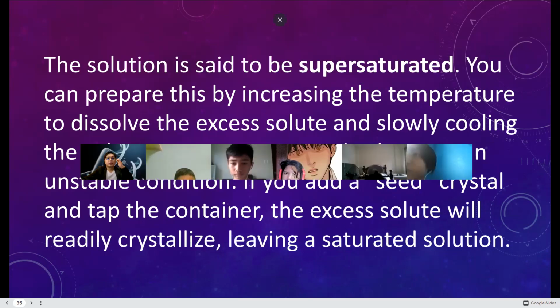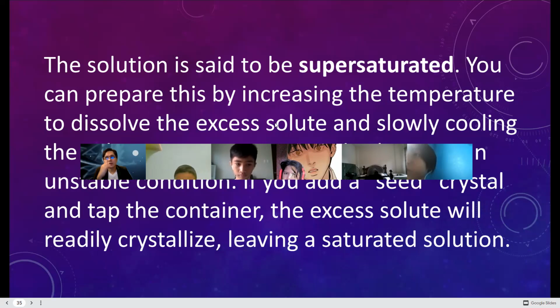Again, when you're talking about a saturated solution, you tend to occupy all the spaces in the solvent. Now if you add more solute to a saturated solution, the tendency is it will settle at the bottom because the spaces in the solvent are already full.